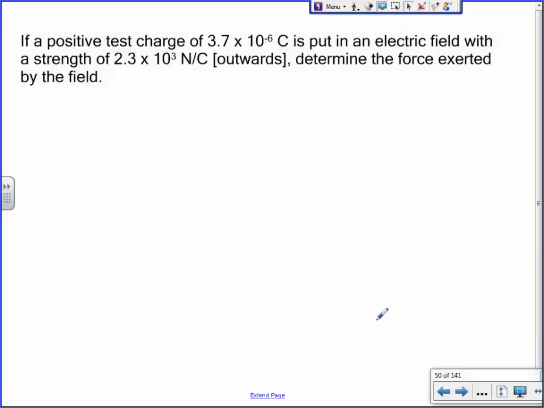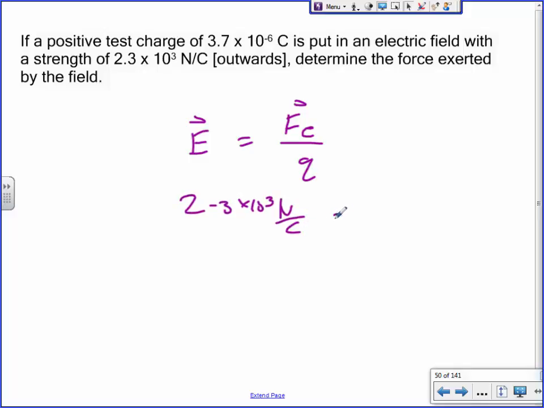Okay, next example. Positive test charge of 3.7 times 10 to the 6 coulombs put in an electric field with the strength. Let's figure out the force. This is pretty straightforward. Right? Electric field strength is this. Electric force is this. Charge goes there. This is 2.3 times 10 to the 3 newtons per coulomb.